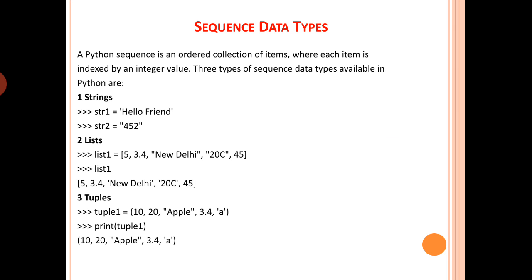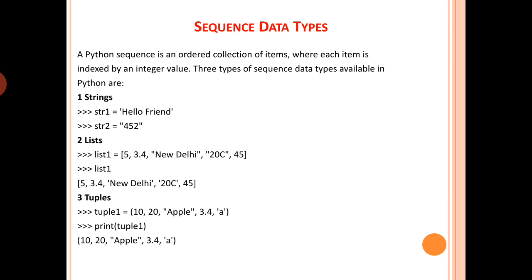It is the name of the variable, and in this list1, a list of values of different data types is stored, that is 5, 3.4, New Delhi, 20C, 45. Now, in the next line, print list1 will print the elements of list1, that is 5, 3.4, New Delhi, 20C, 45 in square brackets.